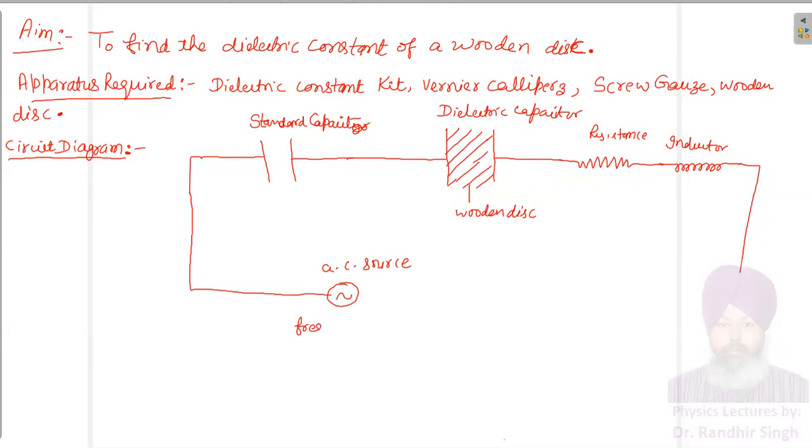Frequency range of this AC source is variable. Kindly remember, do not use the normal AC because it is an AC experiment. It can be danger for our life.